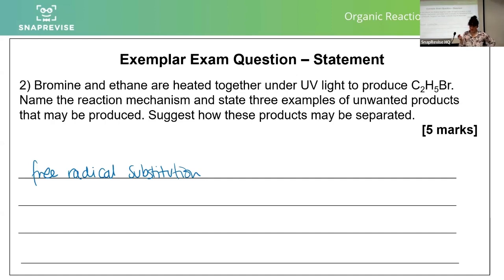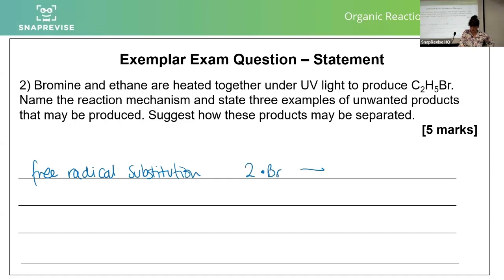So what else could happen? What other products could be produced? If they'd specified the termination step, that might have given me a little bit more guidance, because the termination step involves radicals. So that's what I'm going to use, because that is very easy for me, therefore, to see side products. So what are the radicals that are going to be present? The radicals that are going to be present are bromine radicals.